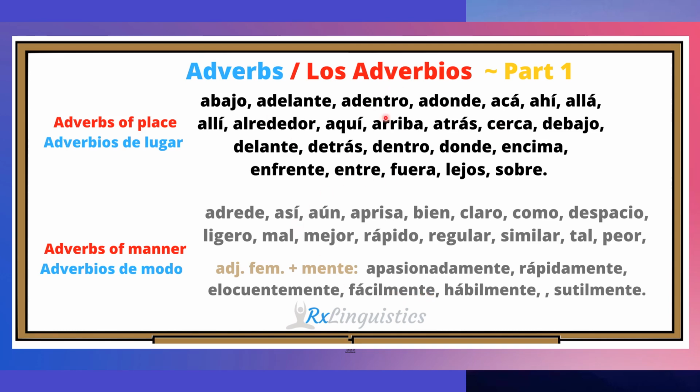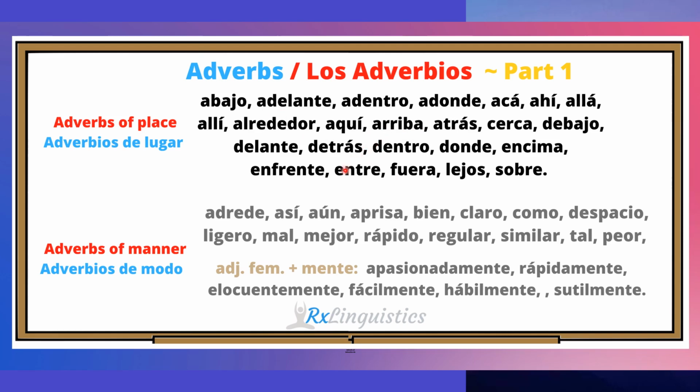Now, all these adverbs in context, when you are reading a text, you will come across them and the context will guide you. Okay, some will be below, some will be through, others like up, here, around. So the context will guide you.